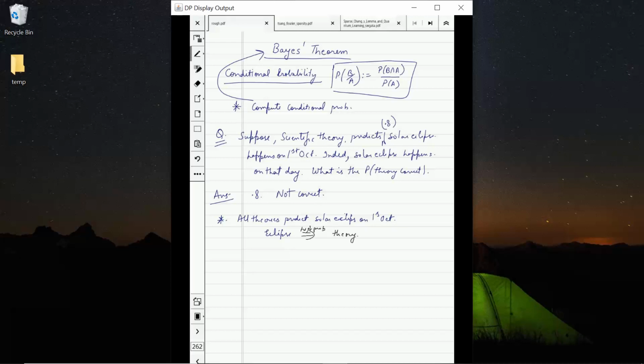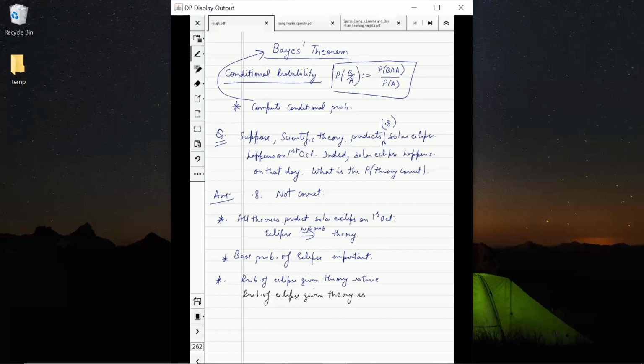So in some sense, the base probability of the eclipse happening on 1st October should also be important. Base probability of eclipse is pretty important. In other words, if the base probability was 1, then it doesn't say anything about the theory. Other factor could be that probability of eclipse given theory is true, on the other hand, probability of eclipse given theory is not true.